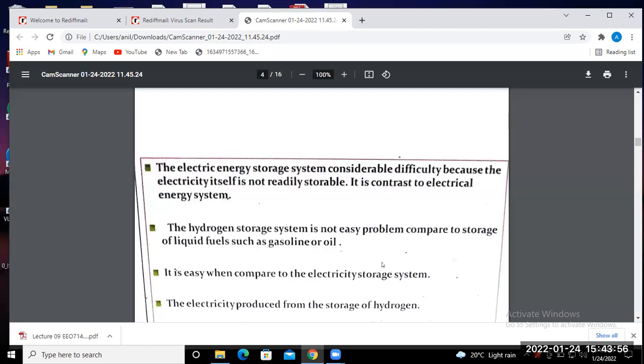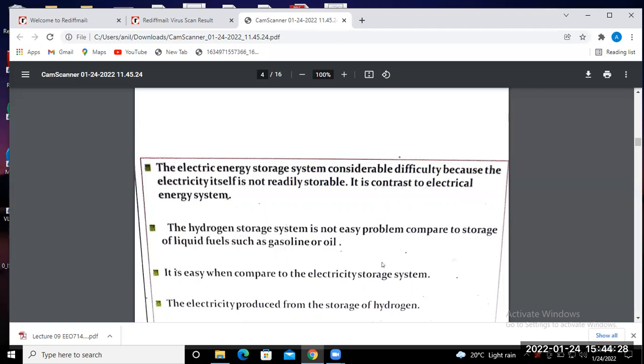So electricity can be produced from the storage of hydrogen. If we store hydrogen gas, we can produce electricity and use it whenever we require, for domestic or commercial loads as well as industrial purposes.